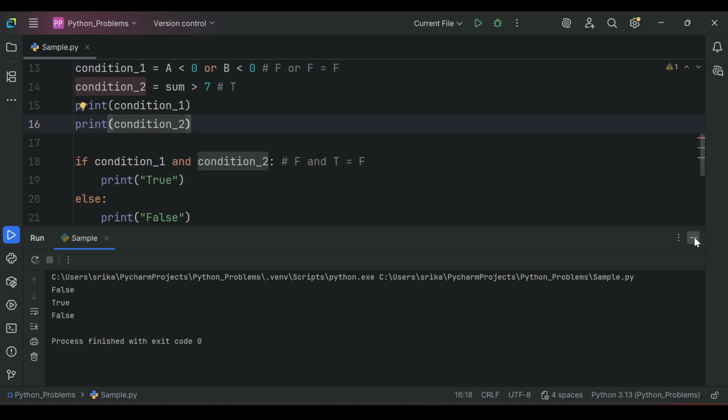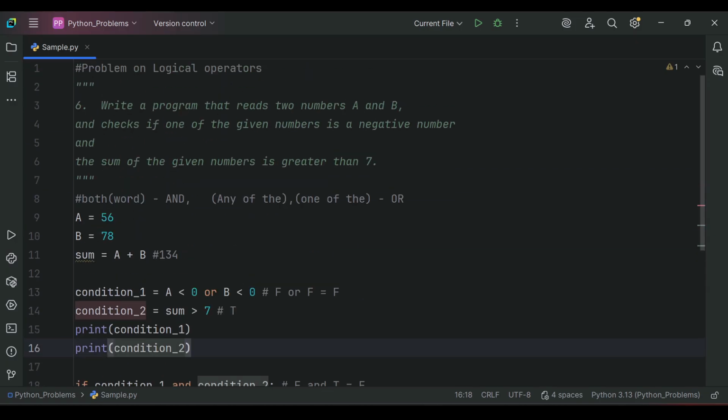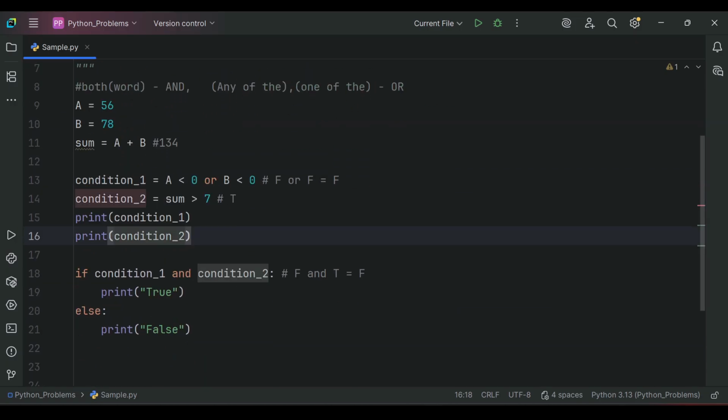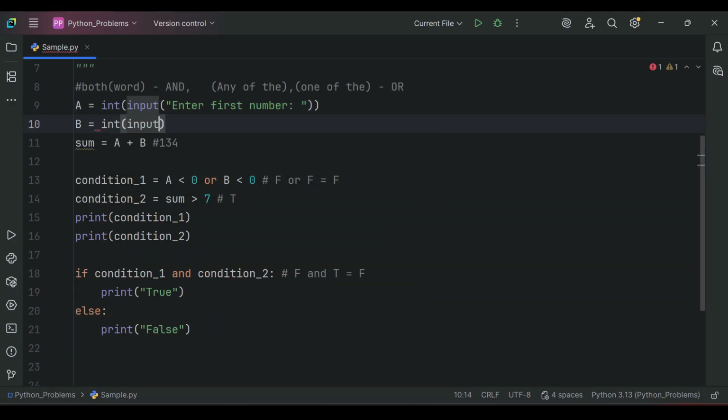Now this problem we are checking with user inputs. Now int input, enter first number, and int input, enter second number.